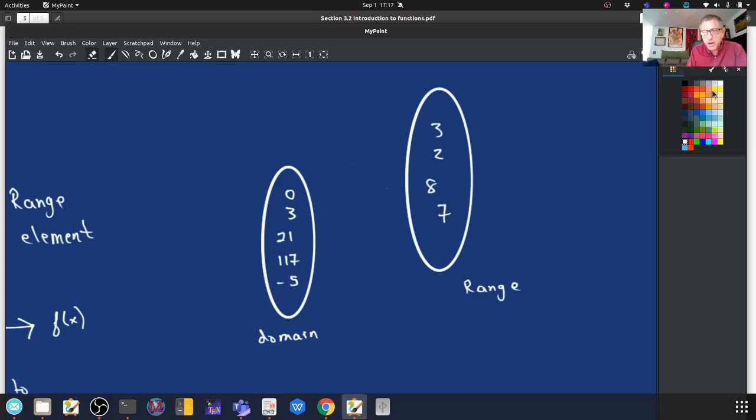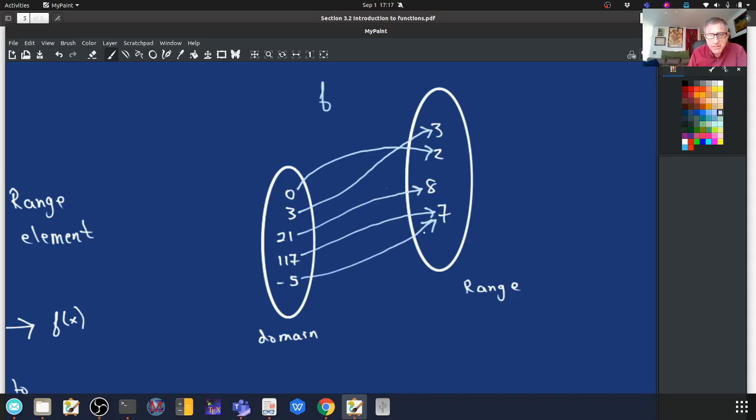So when I draw a line, f is the mapping. f takes 0 to 2, 3 to 3, 21 to 8, 117 to 7, and -5 to 7. In other words, this is still a function.